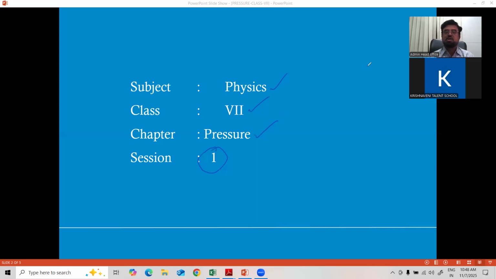The word pressure is applicable in our day-to-day life in various ways. We are feeling pressure to do work. We are feeling pressure to study during examinations, feeling pressure when doing any other activities.